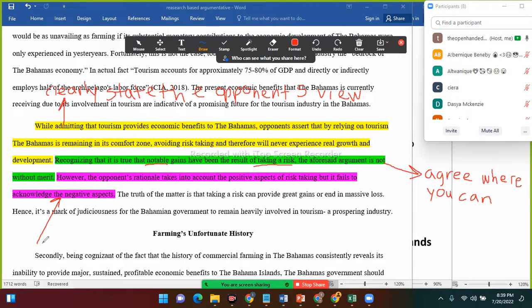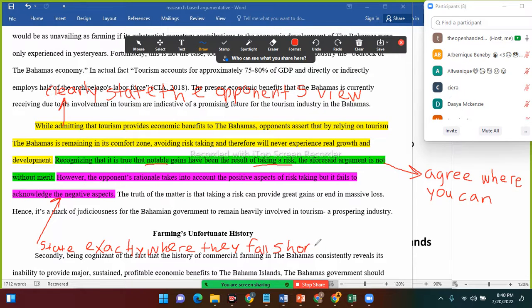So I'm stating exactly where they fall short.